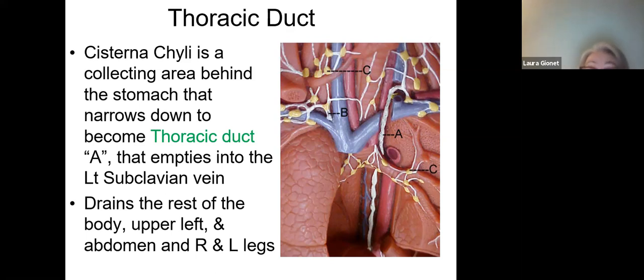So if you follow the A and you go superiorly up and around the little hairpin turn, you can see how it connects to the left subclavian vein. It drains the lymph from all the other areas of the body, other than the right side of the head, the right arm, and the right thoracic area, and the right chest area. So it's the right leg, right abdomen, left leg, left abdomen, left side of the chest, left arm, left side of the head.